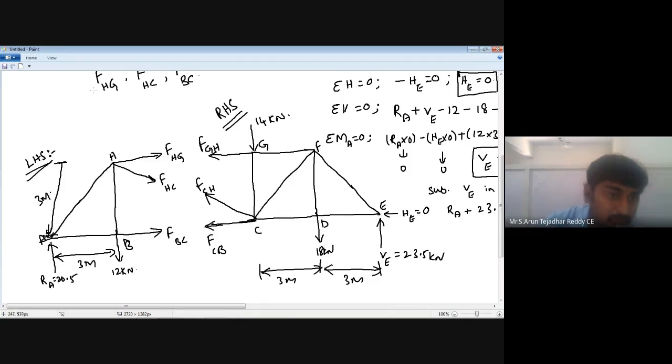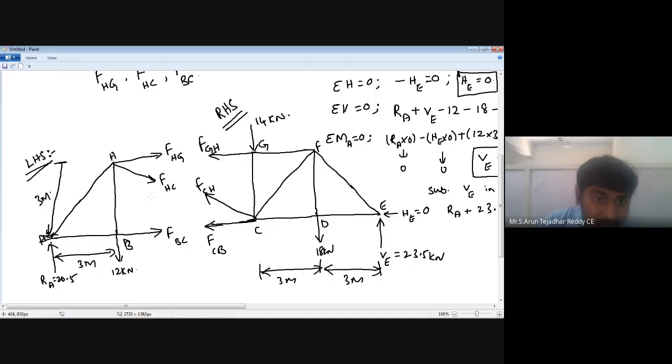Consider any one part. If you take LHS or if you take RHS, LHS is equal to RHS. Here FHG is equal to FGH, FHC is equal to FCH, FBC is equal to FCB. It means LHS is equal to RHS.